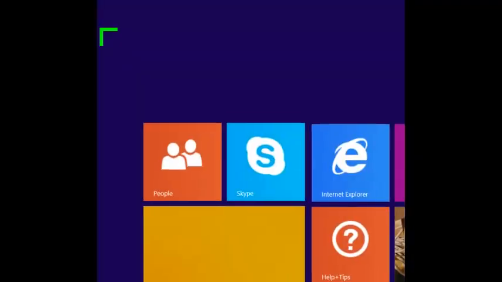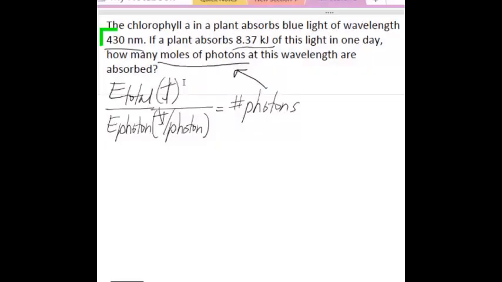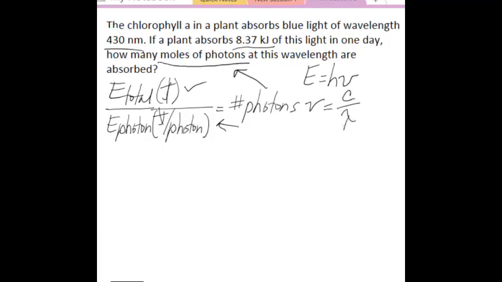So we're given energy total, and we want to figure out the energy of a photon. So we can do that through the following relationship. The energy in one photon is equal to Planck's constant times the frequency, and we also know that frequency is equal to the speed of light over the wavelength.